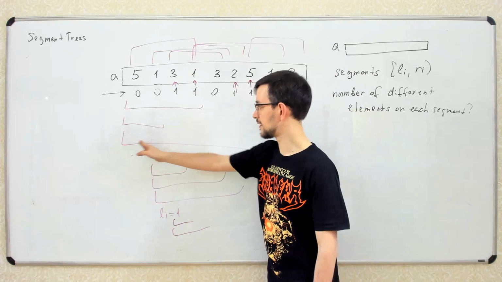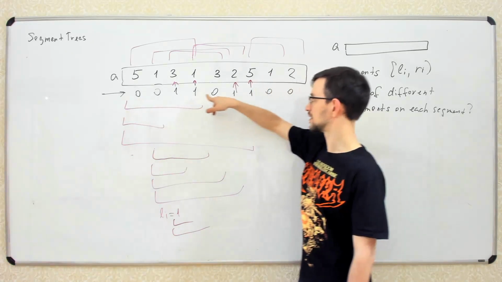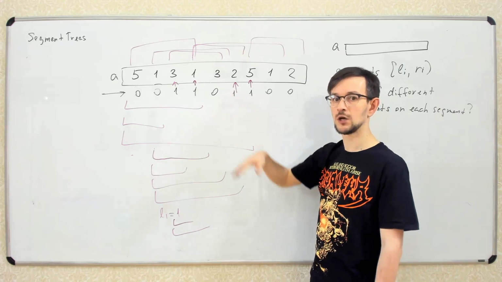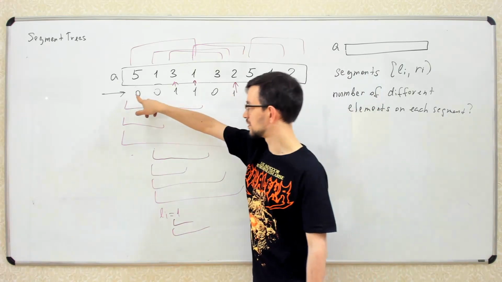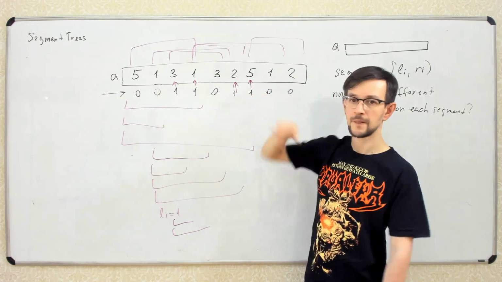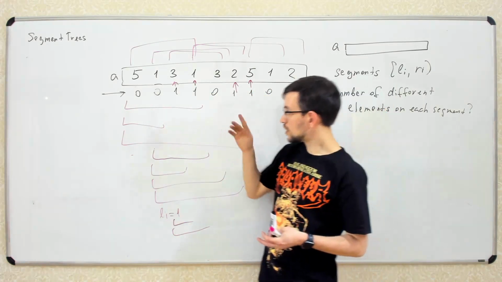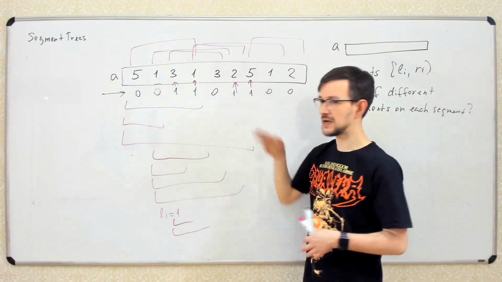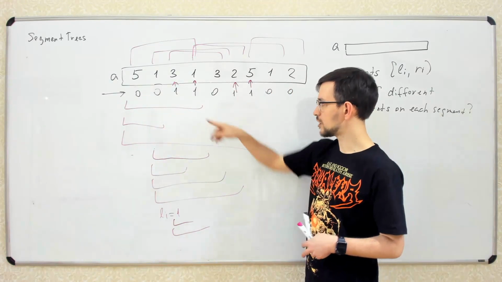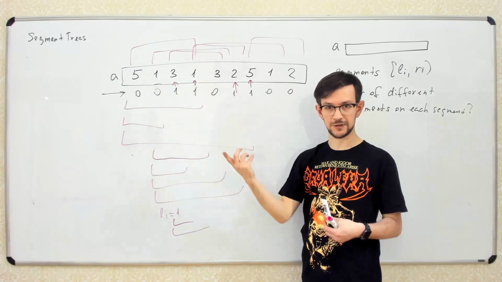To move the left border, we just remove this element, find the next element, and add this element. So we update the segment tree here, update the segment tree here, and move the left border. That's all. So on each step we have 2 updates of the segment tree, and for each query we need to find a sum in the segment tree.